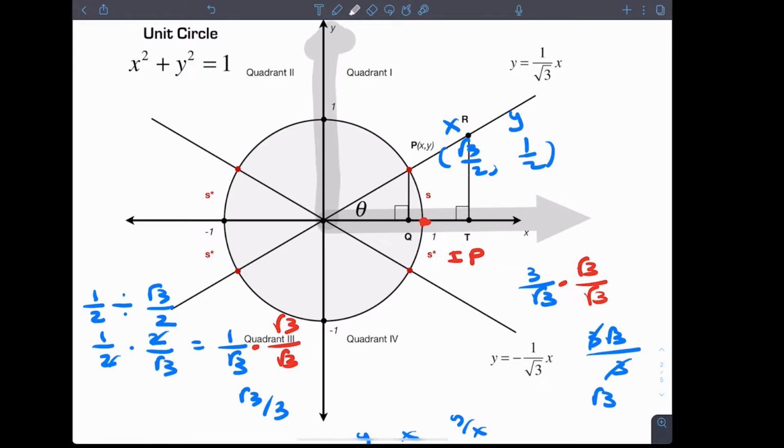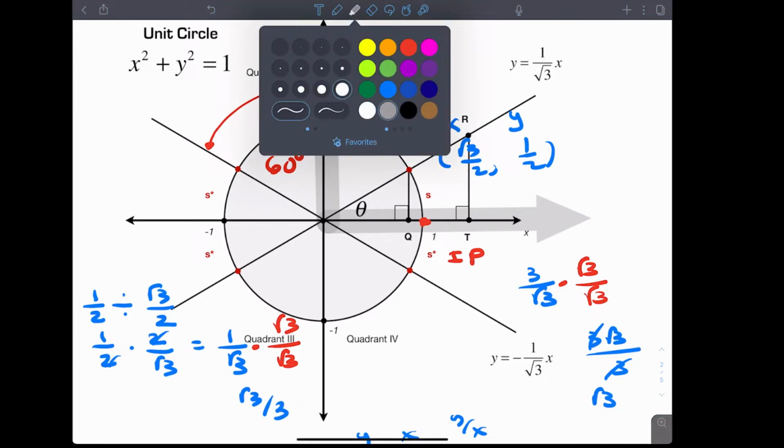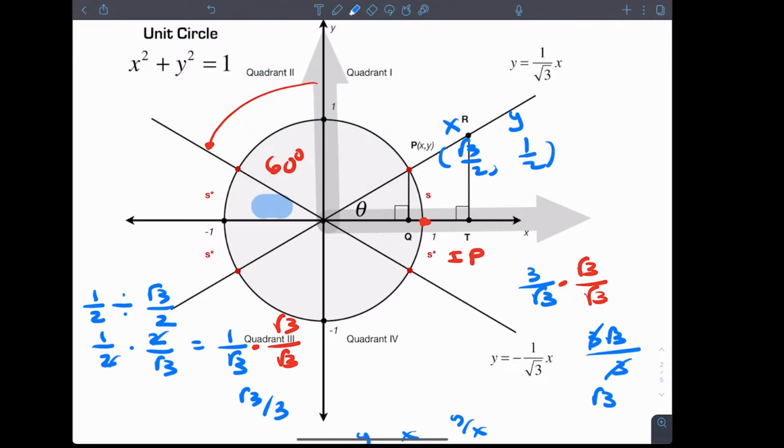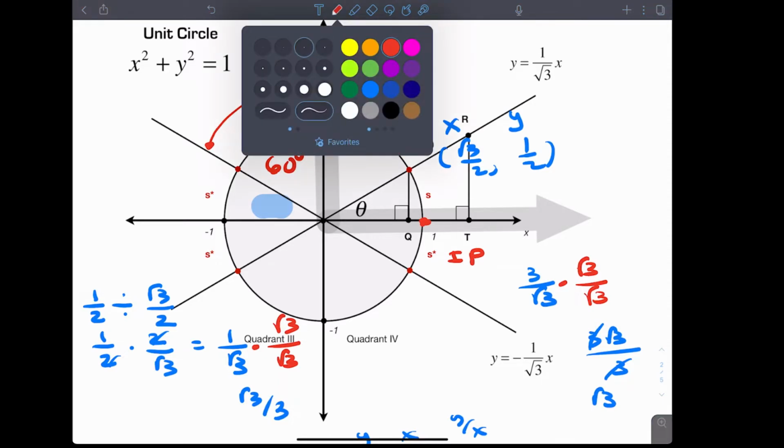This is 90. Is that true? And then we have to rotate an additional how much? What would that be if I rotate all the way down here? 60 degrees? So this portion here better be 60, because I'm going to rotate this way. You guys with me on this? Then what would this be if that's 60? Outstanding.